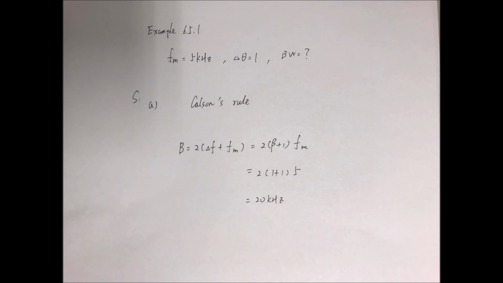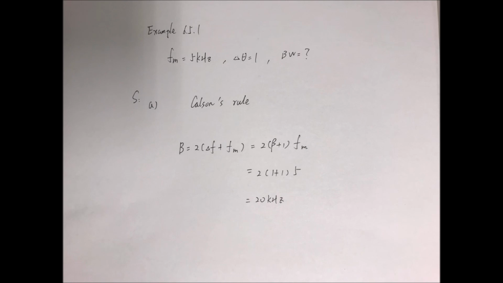So beta is delta theta, which is 1. 1 plus 1 times 5, times 2, I have 20. So my bandwidth by using Carson's rule is 20 kHz.